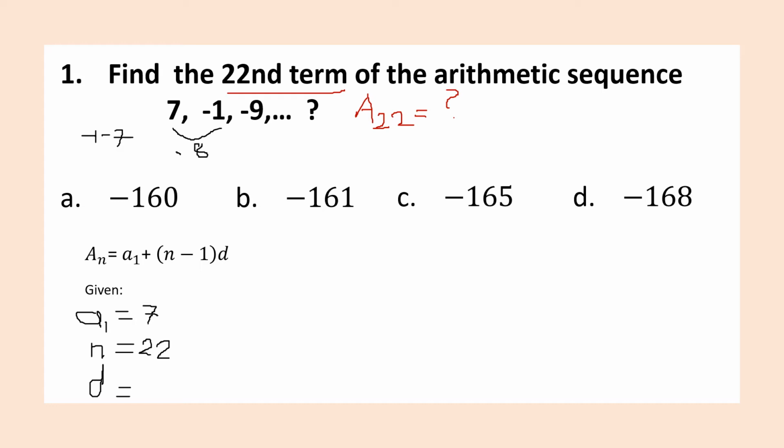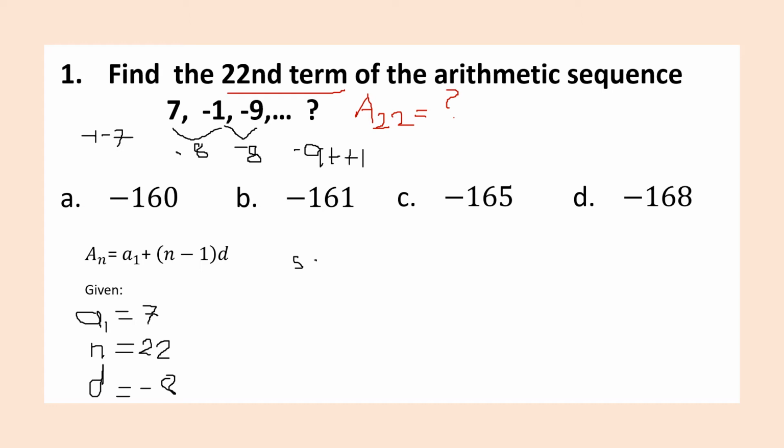Then, subukan ulit natin dito sa isa pa. -9, third term, minus the second term, which is -1. So, kapag nagsusubtract, change the sign of the subtrahend, proceed to addition. So, -9 plus +1 is -8. So, -8 nga ang ating common difference. And then, handa na tayong mag-solve.